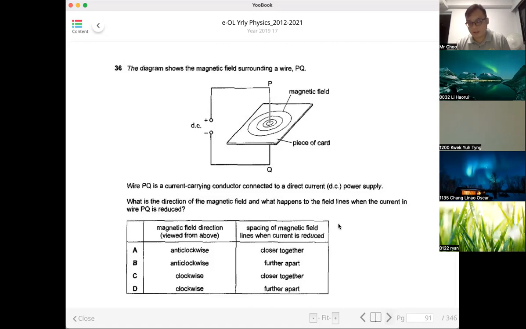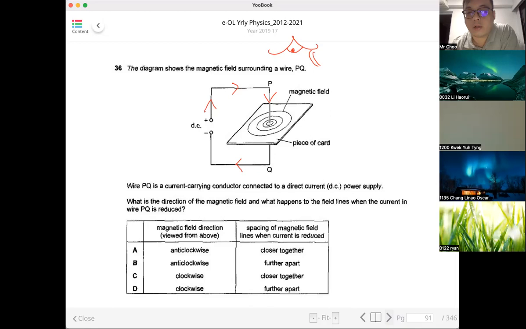So this is a DC current. DC current means current moves from plus to minus. So how would the direction be when looking from the top? Oscar, well done.